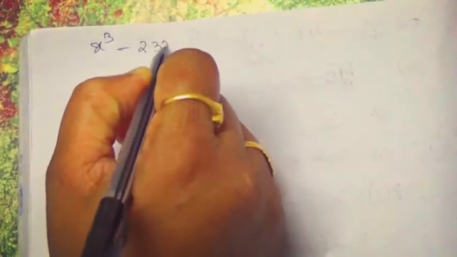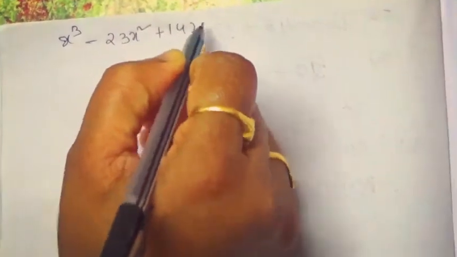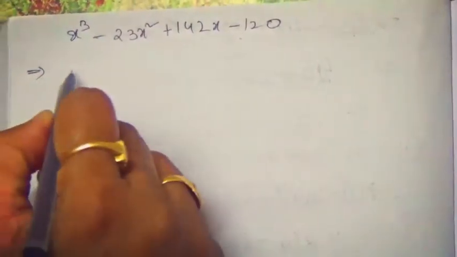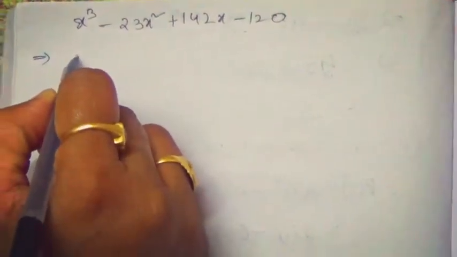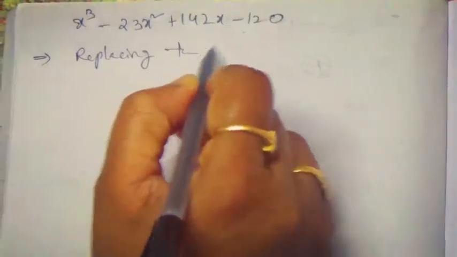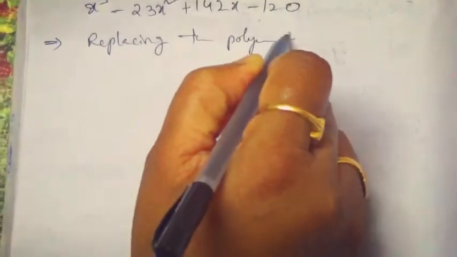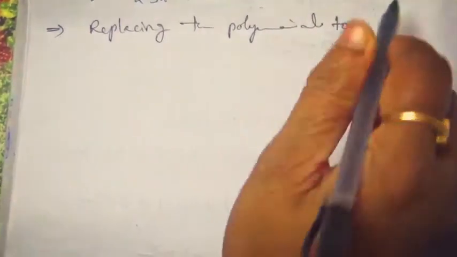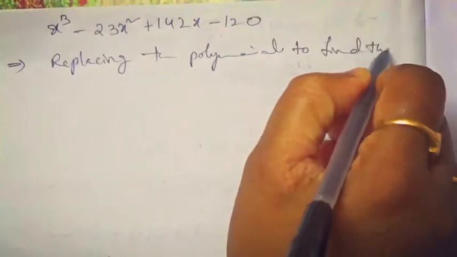Now I am rearranging this equation, x cube minus 23x square plus 142x minus 120. Just for convenience I am rewriting the polynomial to find out the factors.